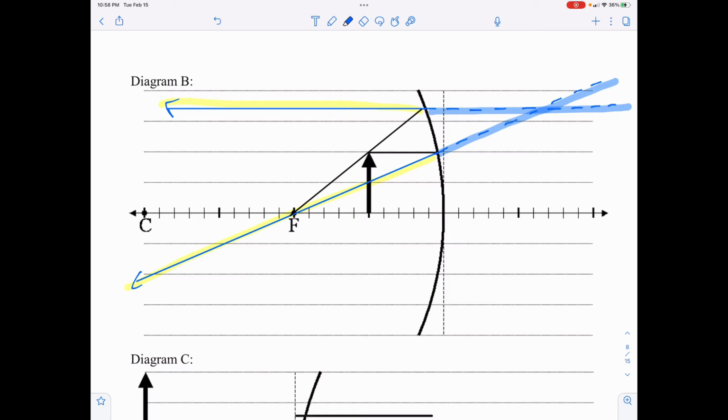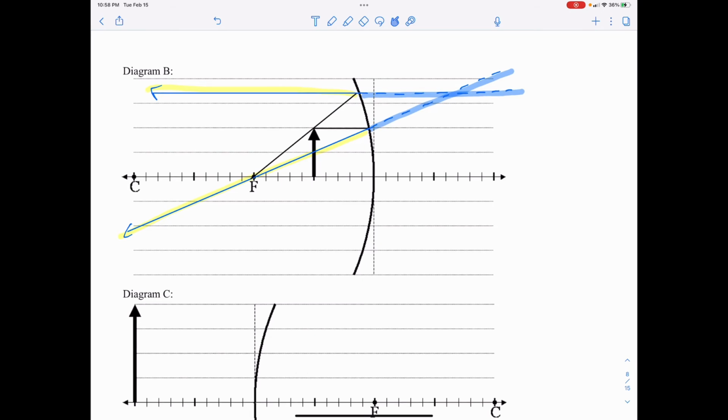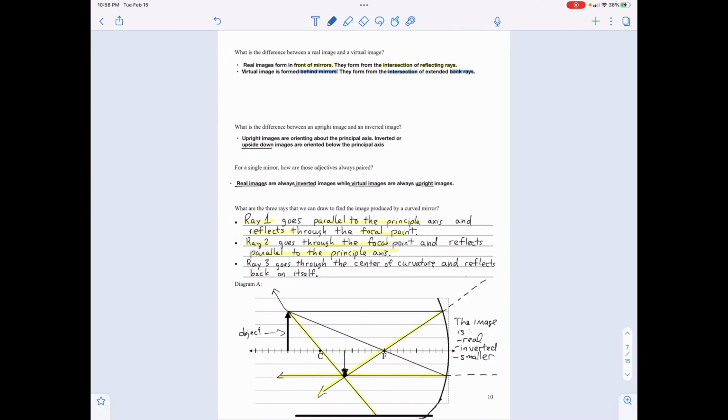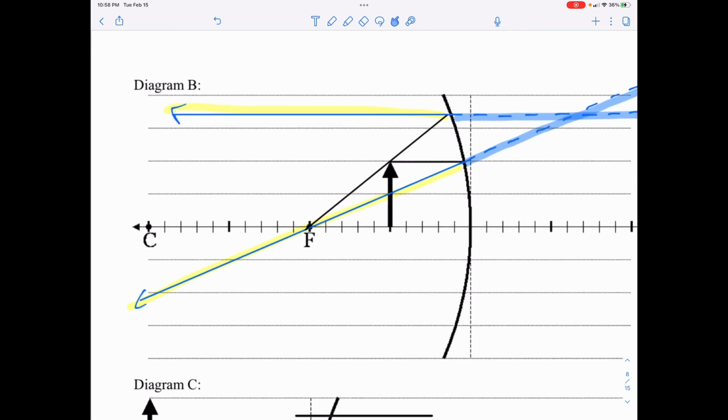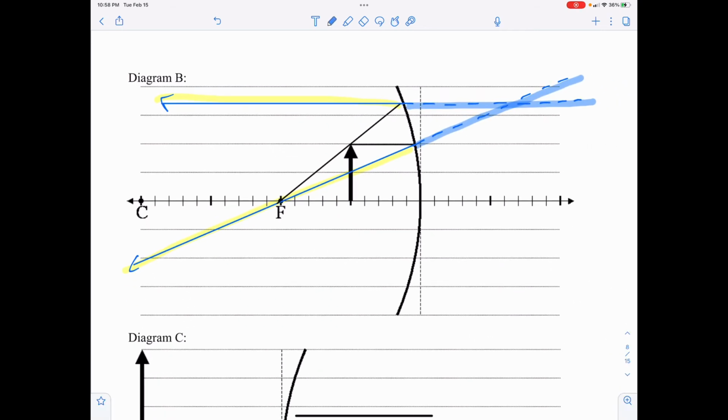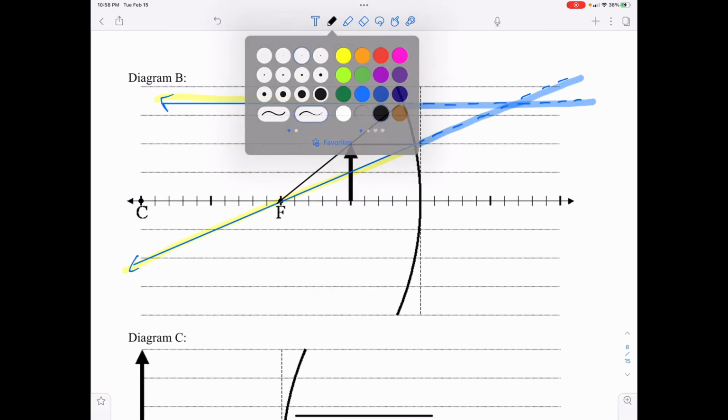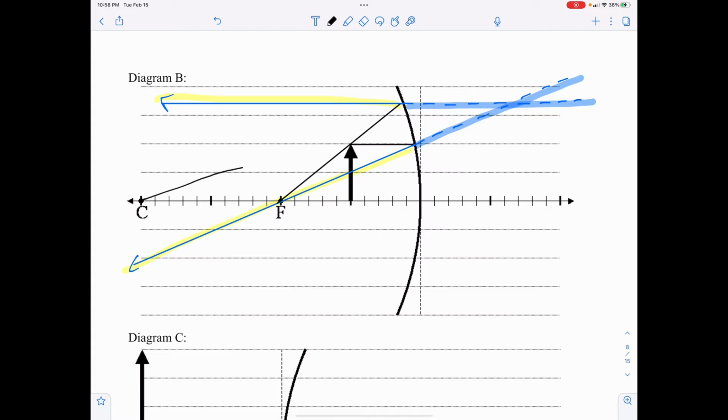Okay. Now, the third ray, remember how the third ray goes. The third ray, ray 3, goes through the center of curvature and reflects back on itself. So let's see how that one would look. You line up the center of curvature, C, with the top of the object, just like that. It reaches the mirror.